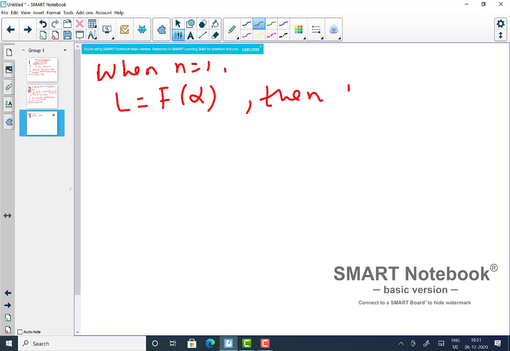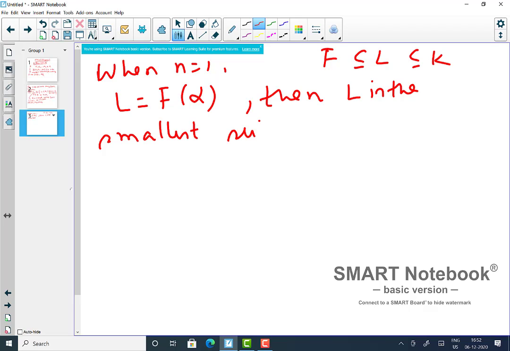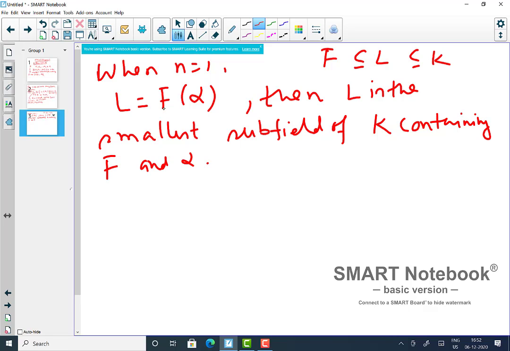Then L is the smallest subfield of K containing F and alpha. This kind of field is called a simple extension.